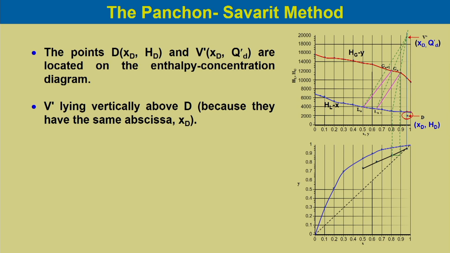V dash lies vertically above D because they have the same abscissa xd. So both of them lie vertically, with V dash lying vertically above the point D on the enthalpy concentration diagram.